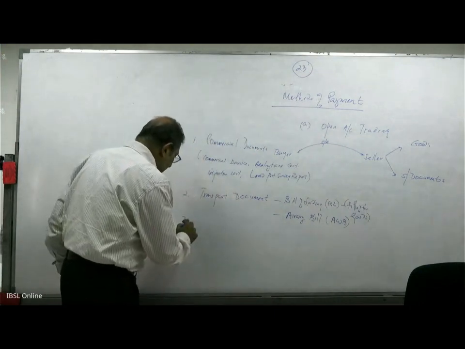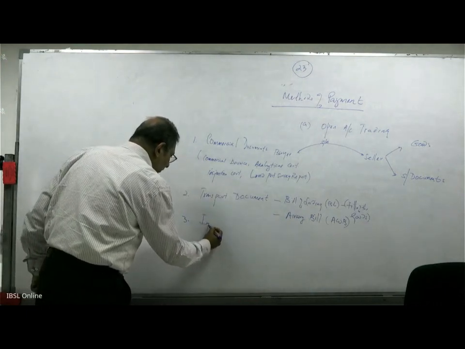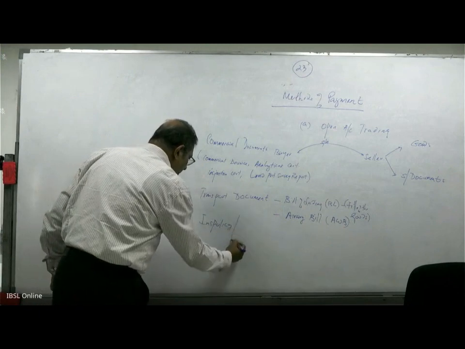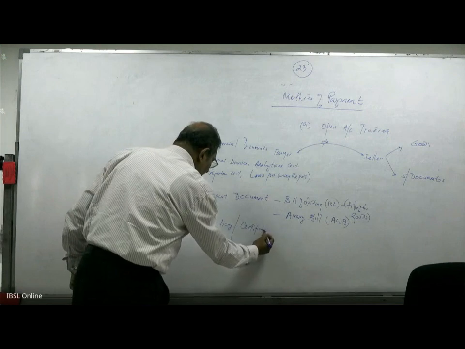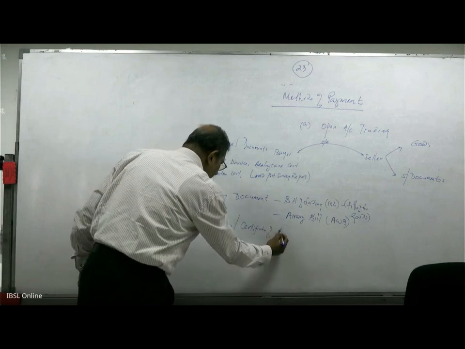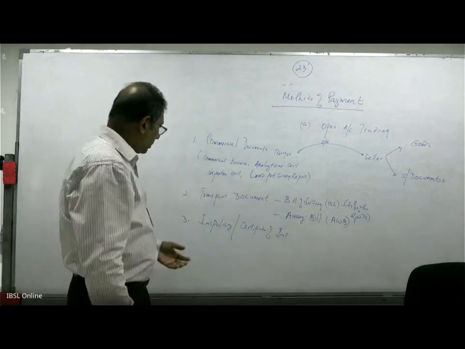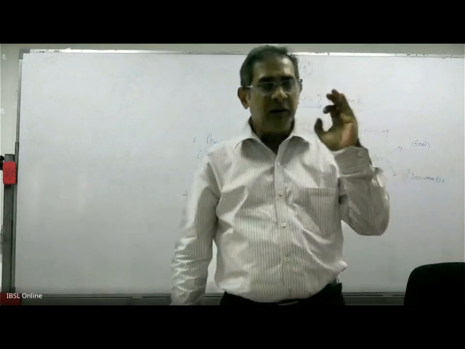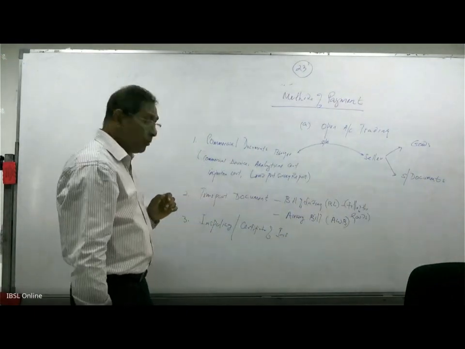Then the third set of documents is the insurance policy or the certificate of insurance. I'm talking about a marine insurance policy, not just general insurance or comprehensive cover.